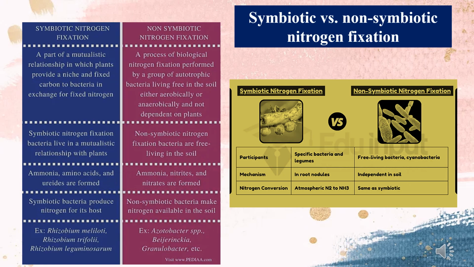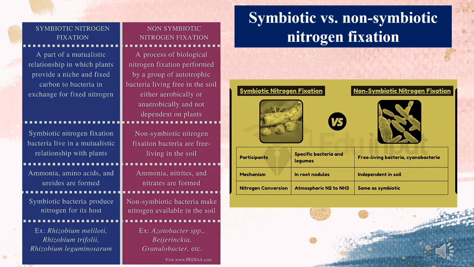So let's discuss symbiotic nitrogen fixation versus non-symbiotic nitrogen fixation. Symbiotic nitrogen fixation is part of a mutualistic relationship in which plants provide fixed carbon to bacteria in exchange for fixed nitrogen, whereas non-symbiotic nitrogen fixation is a process of biological nitrogen fixation performed by a group of autotrophic bacteria living free in the soil, either aerobically or anaerobically, and not dependent on plants.